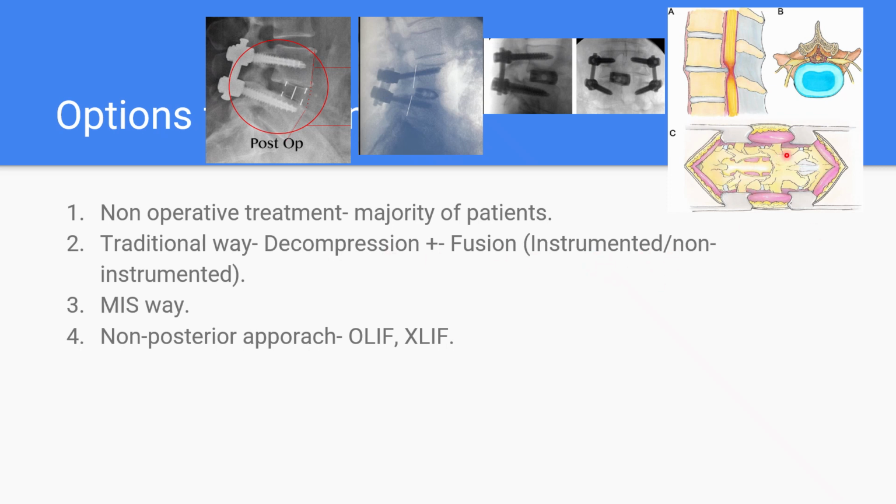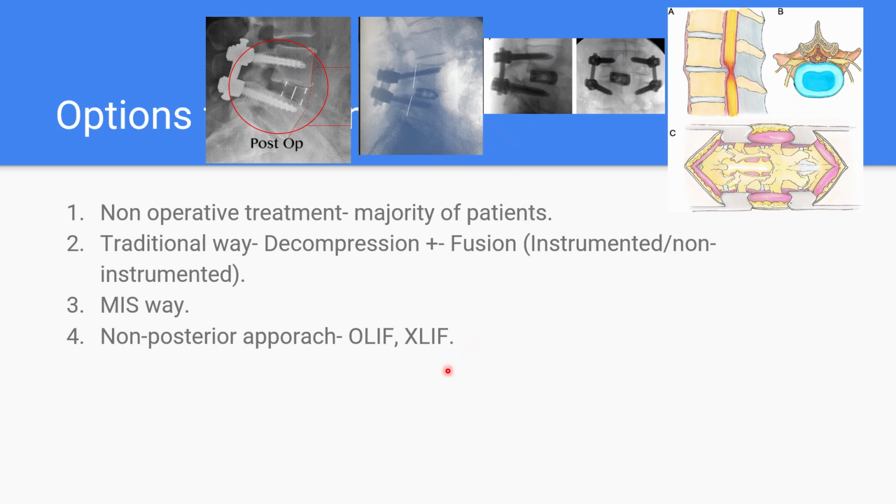Here you can see there is a non-instrumented fusion in which they have decompressed it, and the bone graft has been laid down. And this is the instrumented fusion, in which we have put a cage inside the intervertebral disc, and we have put pedicle screws to fix.